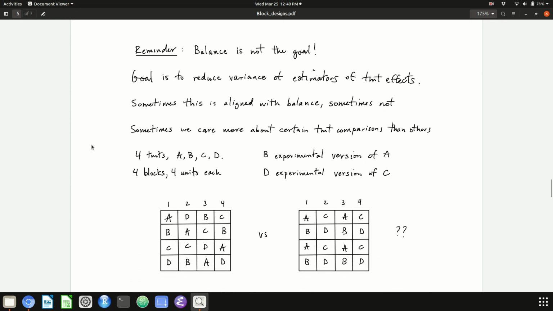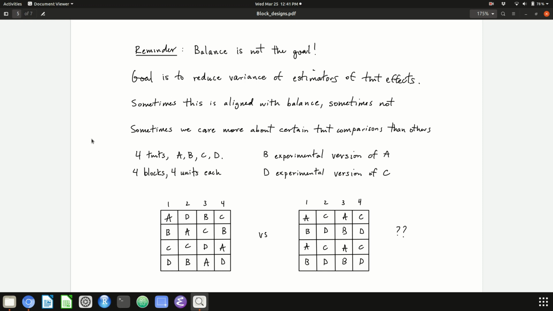All right, so just to reiterate, the goal for experimental design is to give yourself the best chance of answering your question of interest. Oftentimes, the balanced design is the right design for achieving that goal, but balance itself is not the goal.